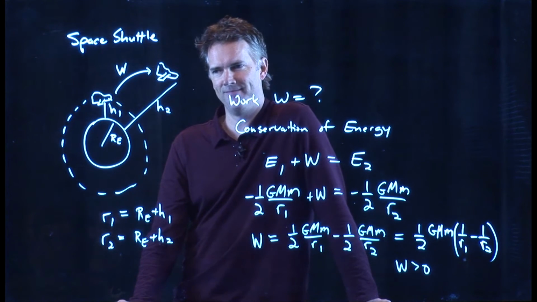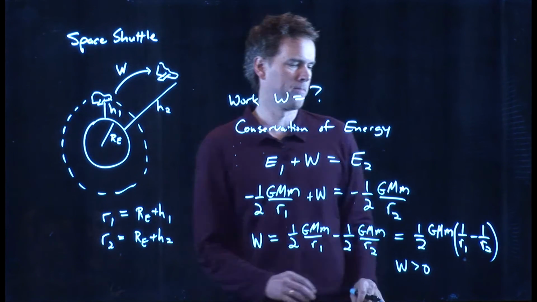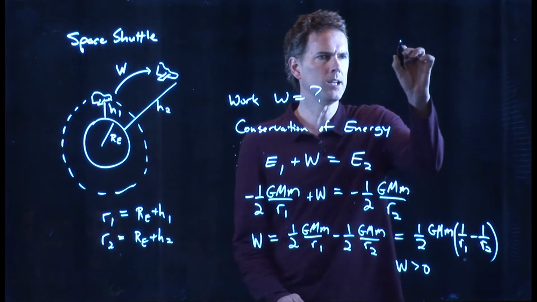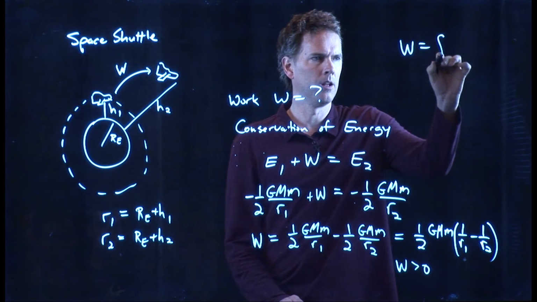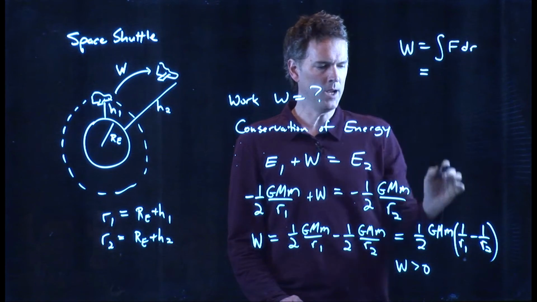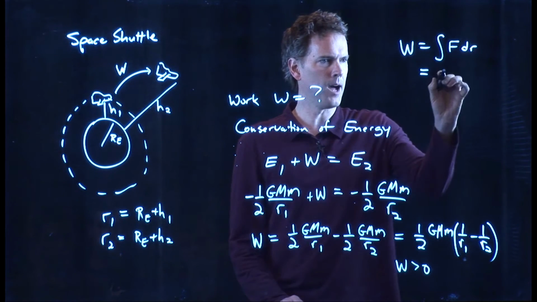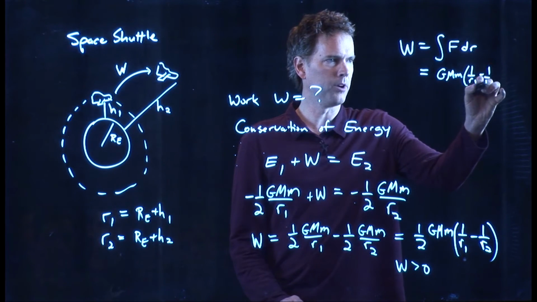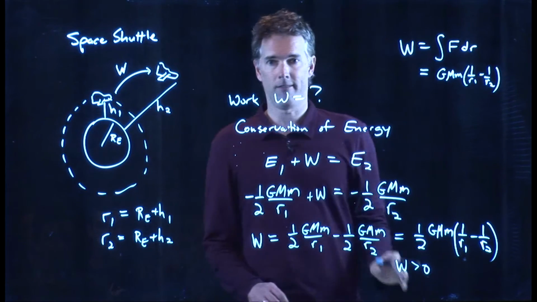Anybody write it down? It's different. Isaiah, what's different about it? The half wasn't there? The half, right? When we did the integral of F dr, we ended up, not with this, but GMm times 1 over r1 minus 1 over r2, no half.